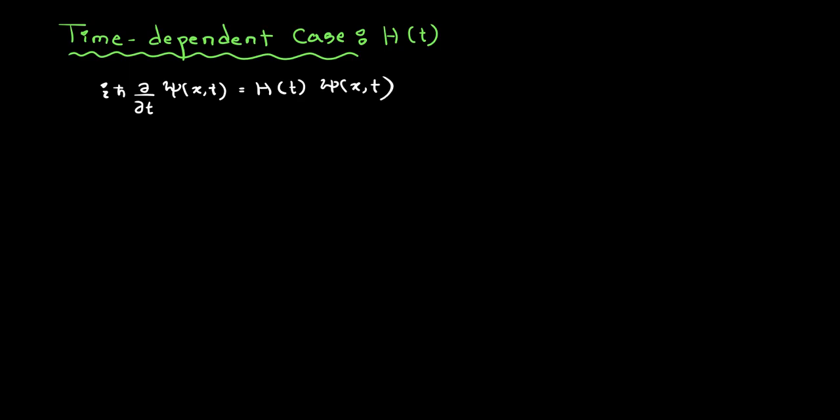What happens in this case is that these kinds of equations are very tough to solve because the H is now a function of time, which actually creates a lot of problems. And what kind of problems it creates, we will look. Now if I write the same equation in a very simplified state ket manner, then I can remove the space part and I can just have a Schrodinger equation that looks like this.